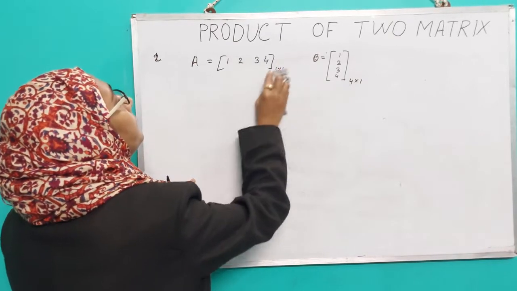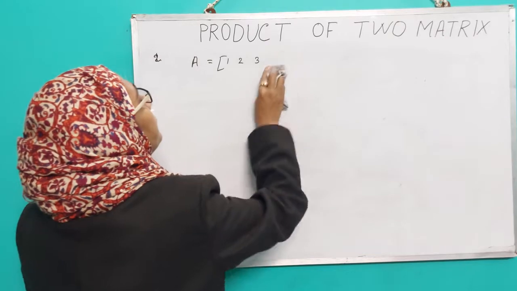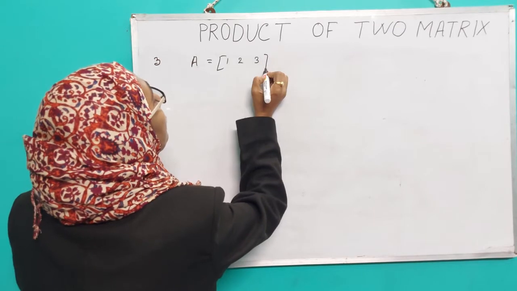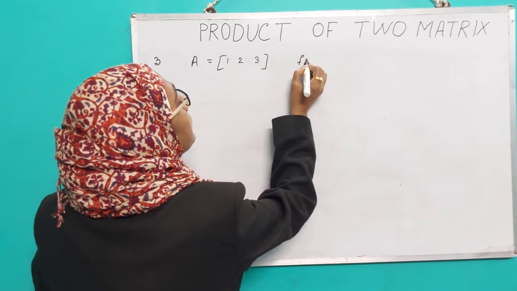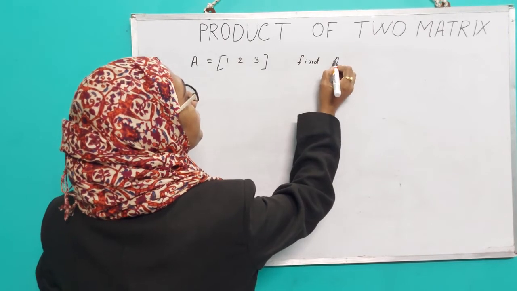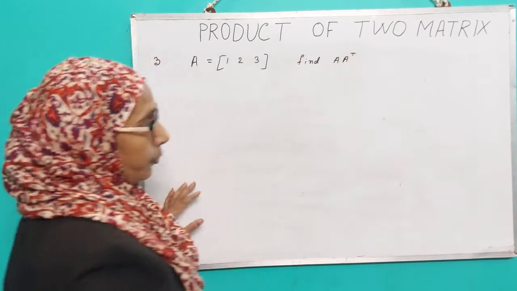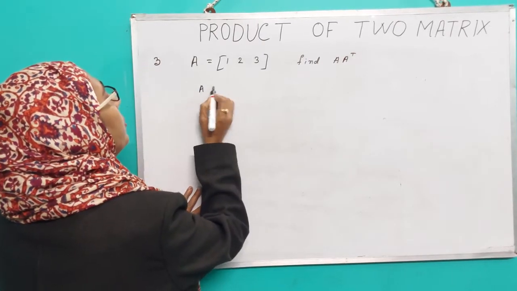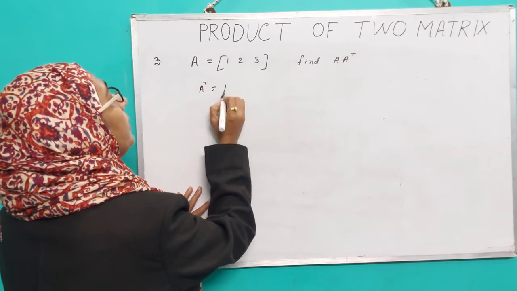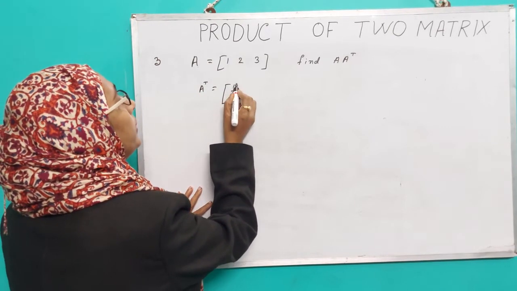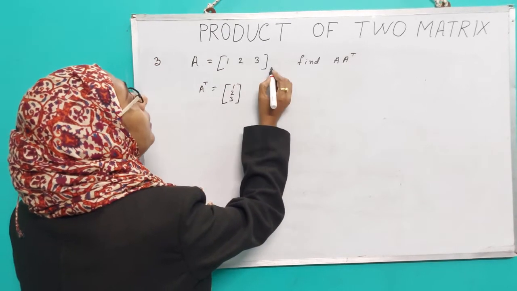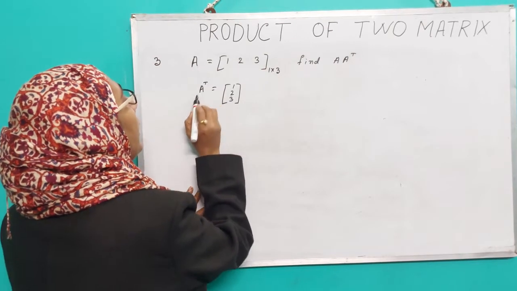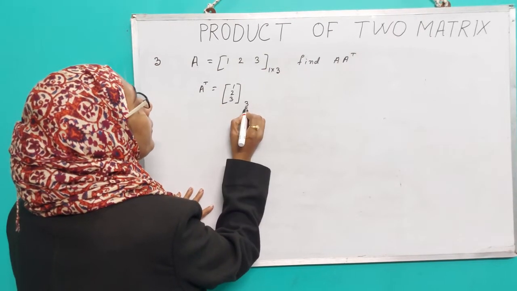Now another example. Example number 3. A matrix A equal to [1, 2, 3], find AAT, that is the product of A and transpose of A. So, A is equal to [1, 2, 3], then AT, that is transpose of A, equal to 1, 2, 3 as a column. A is a 1 by 3 matrix and the order of AT is 3 by 1.